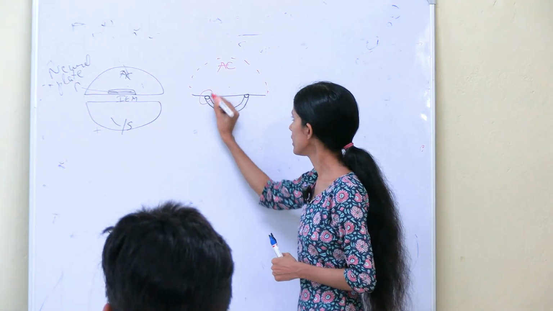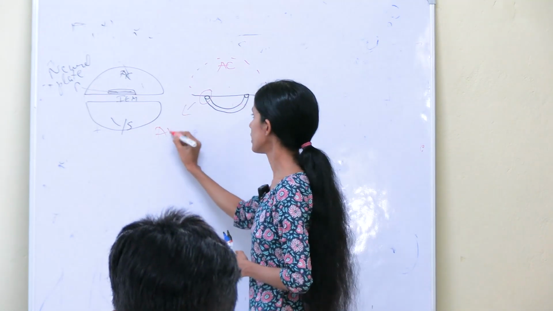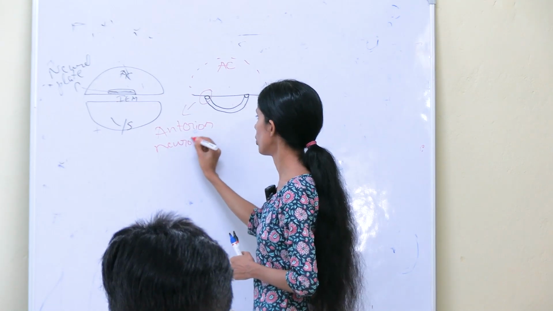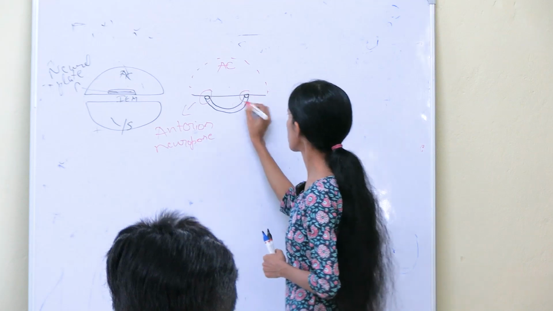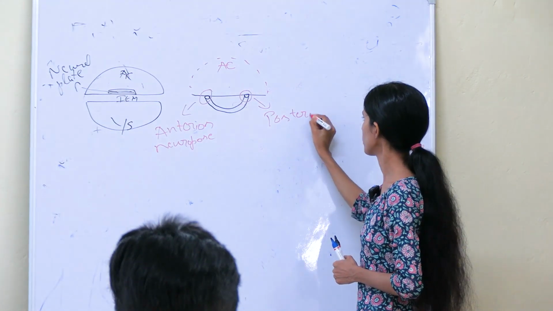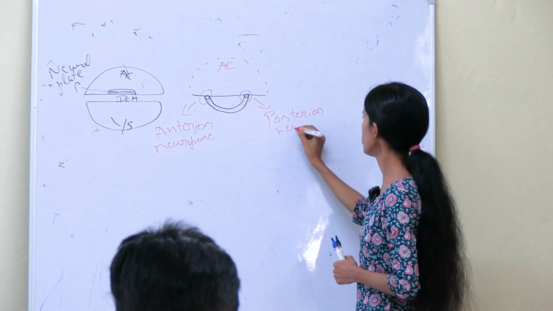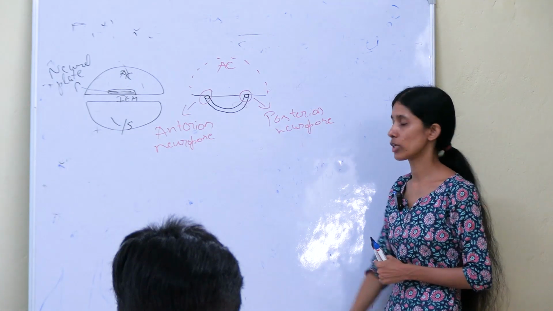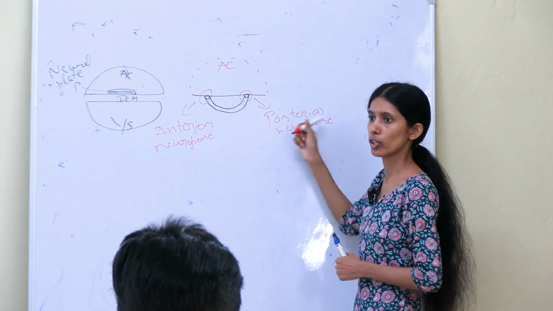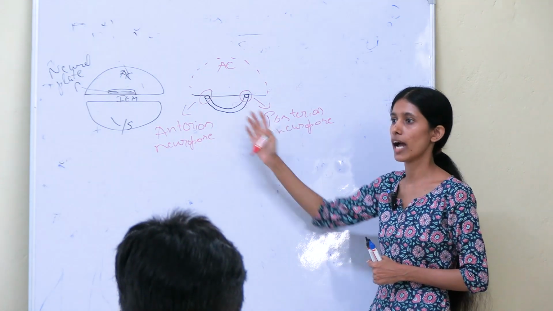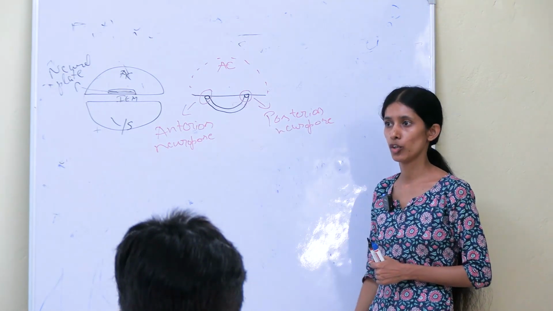This point is called the anterior neuropore, and this point is called the posterior neuropore. They are also mentioned as cervical neuropore and caudal neuropore in a few textbooks, but try to stick to the words anterior and posterior neuropore.